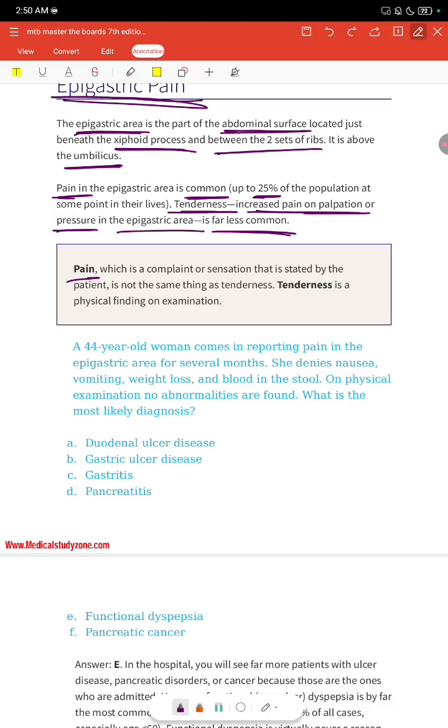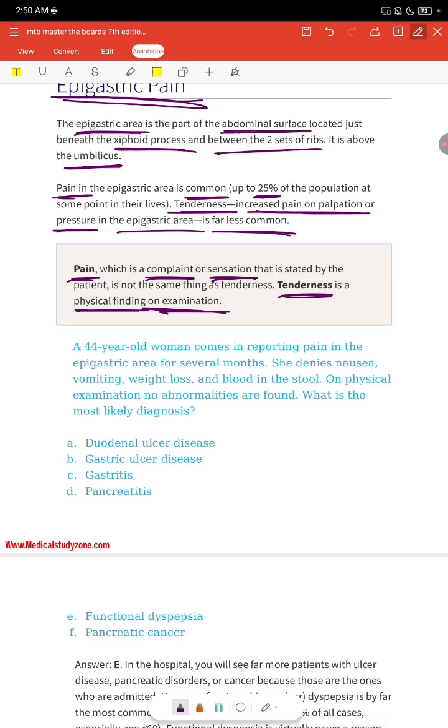Pain and tenderness. Pain is basically a complaint or sensation that is stated by the patient. It is not the same thing as tenderness. Tenderness is a physical finding on examination.